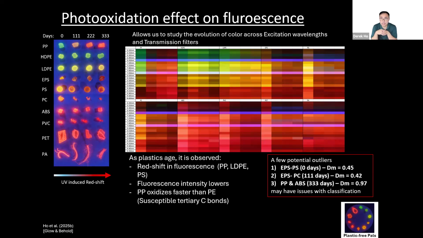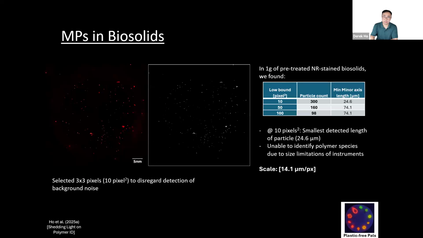When applying Mahalanobis distance, there were a few outliers with a distance lower than 1 standard deviation. However, for the most part, our code is able to classify most of the plastics quite accurately. Applying FIMAP to environmental samples, we used a gram of Nile Red treated biosolids, and we were able to see up to 300 particles that are bigger than 24.6 microns in length.